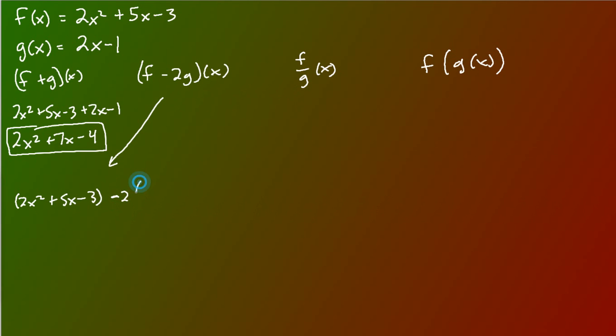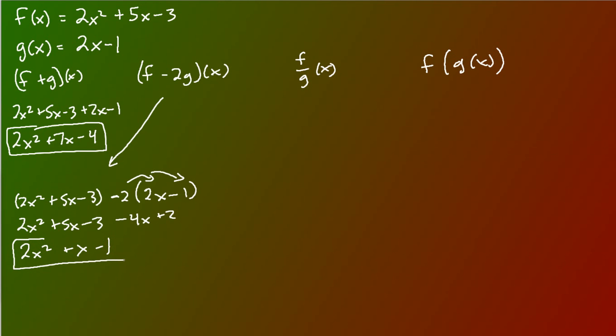So I have a little extra thing there, so 2 times g. So I'll distribute this negative 2. So I get minus 4x, and I need to remember I distribute it to everything. So I get 2x squared plus x minus 1, and that is f minus 2g. So all I did was multiply g by negative 2.